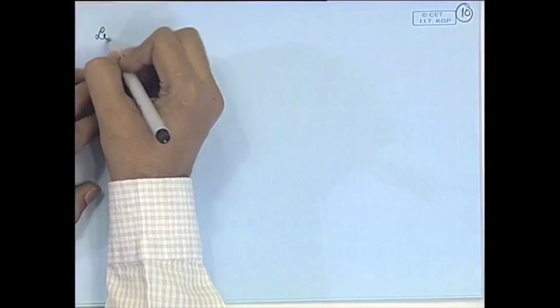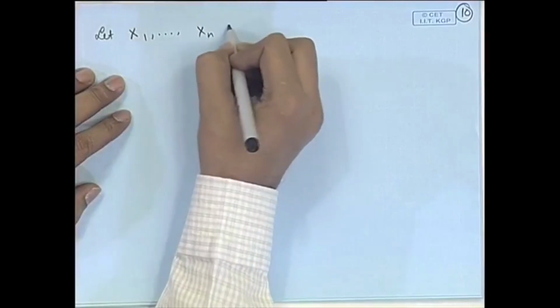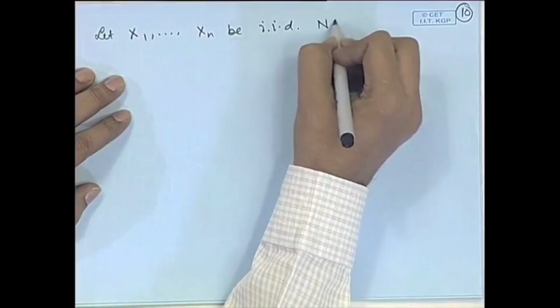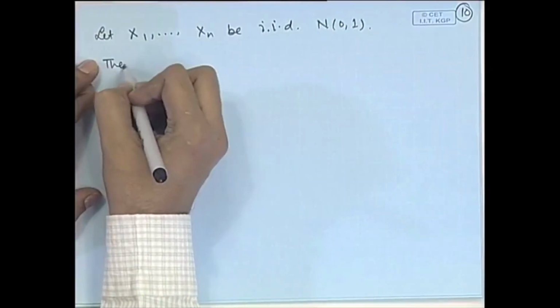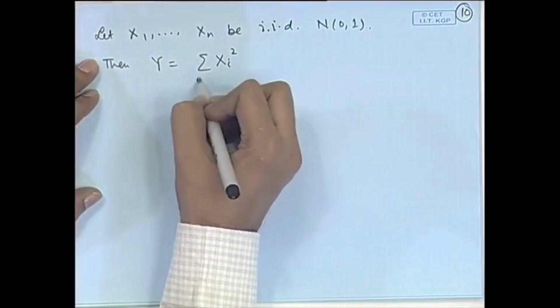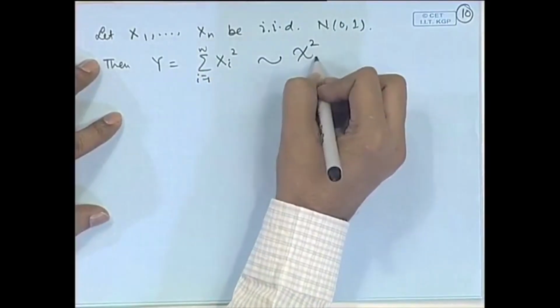So, let us consider say x 1, x 2, x n independent and identically distributed standard normal random variables. Then y is equal to sigma x i square, i is equal to 1 to n, will follow chi square n.